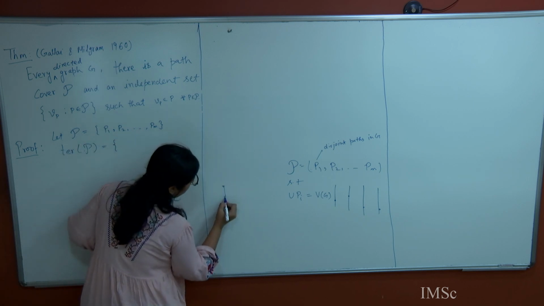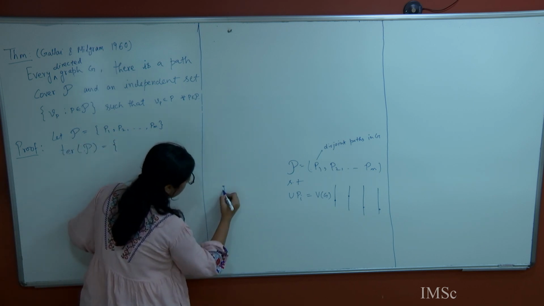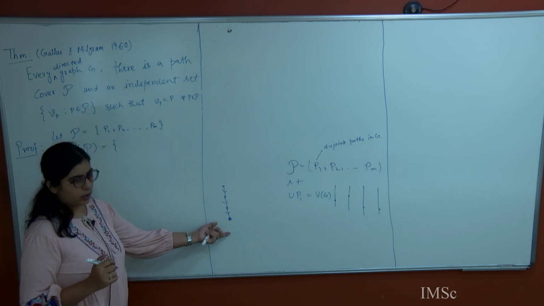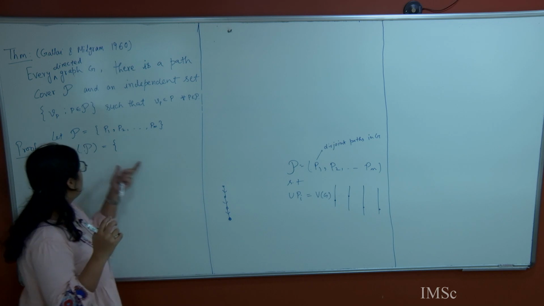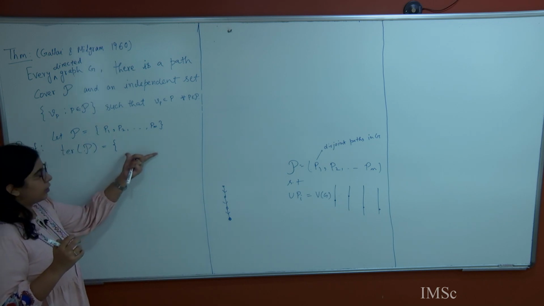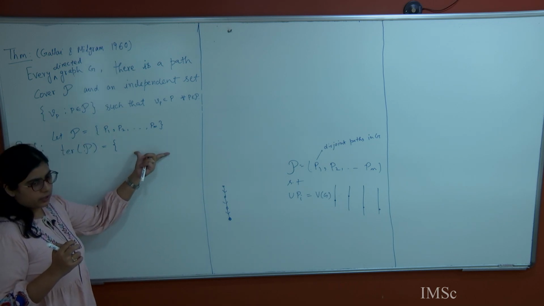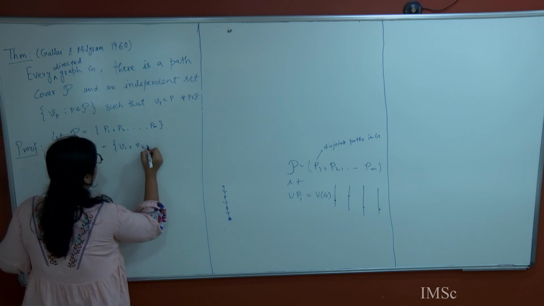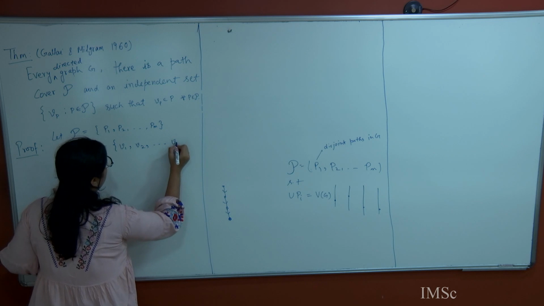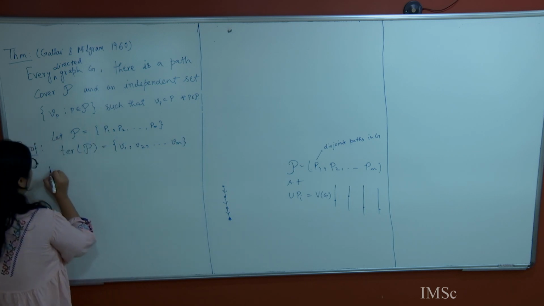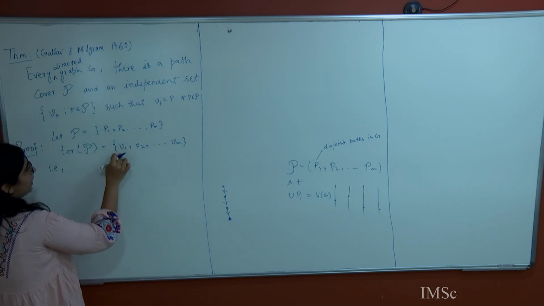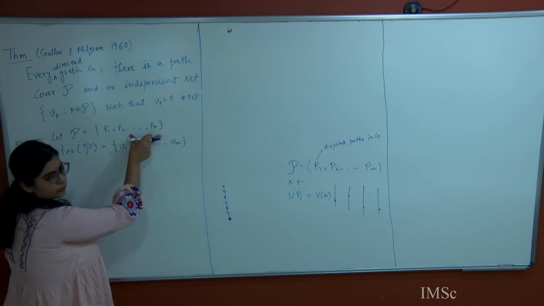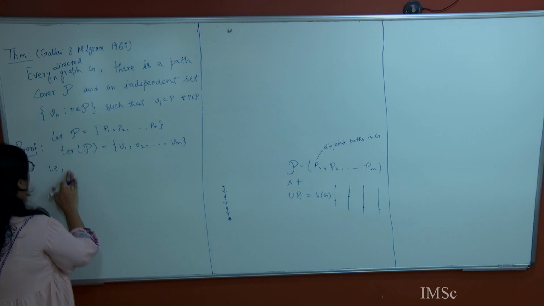So for every path we have a path like this, and this last vertex is called the terminal. So ter P is the set of all terminal vertices of these paths. Let ter P be V1, V2, up to Vm. That means P1 ends at V1, P2 ends at V2. These are the terminal vertices for these paths.